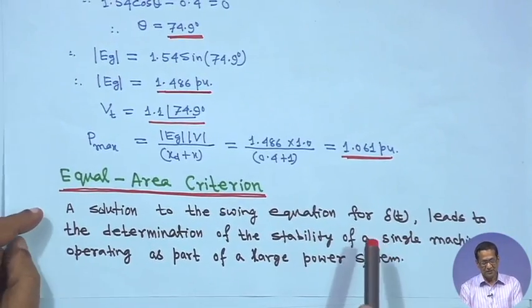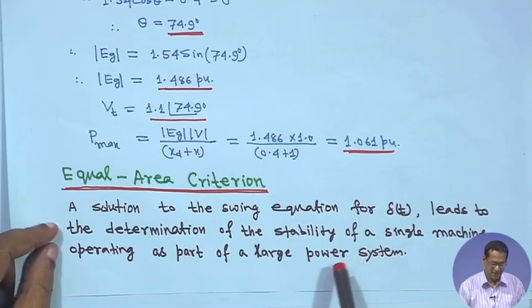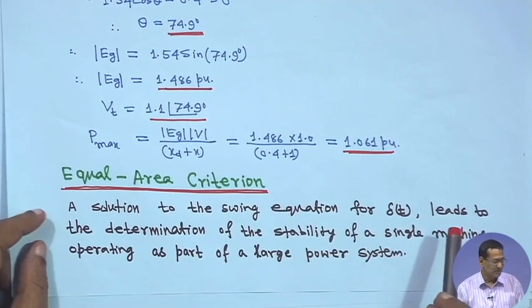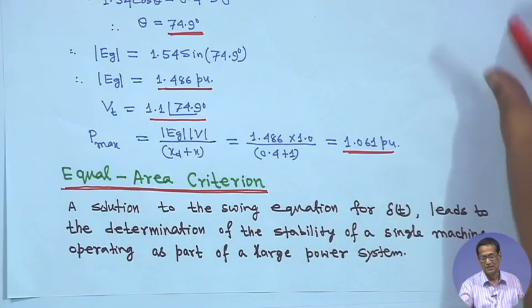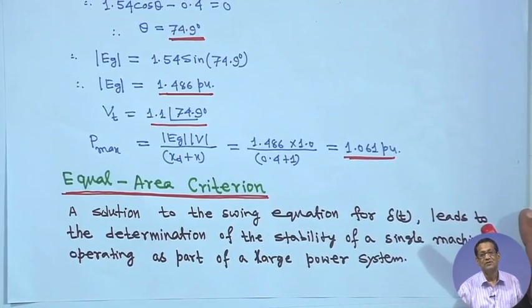Now, a solution to the swing equation for delta, where delta is a function of t, leads to the determination of the stability of a single machine operating as a part of large power system. That means, whenever you try this, for the solution of the swing equation you have to go for some iterative technique.